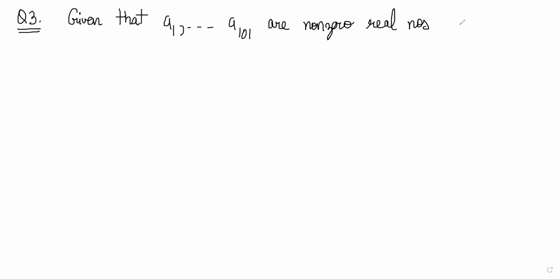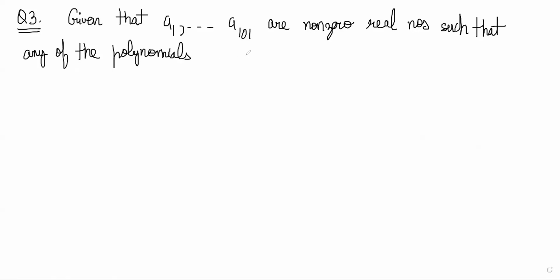This question says, given that A1 to A101 are non-zero real numbers such that any of the polynomials a_{i1} x^100 plus a_{i2} x^99 and so on till a_{i101} has an integer root.